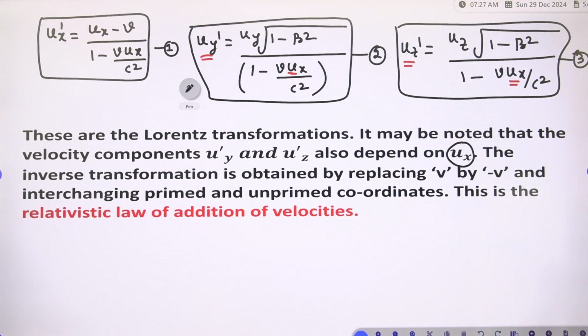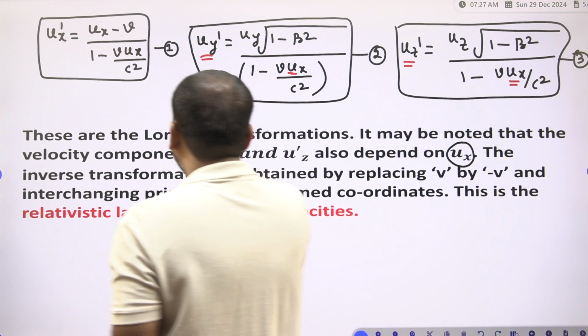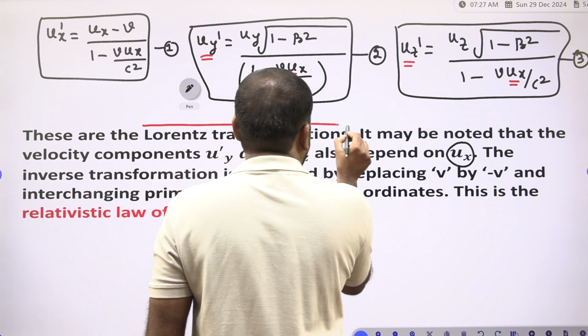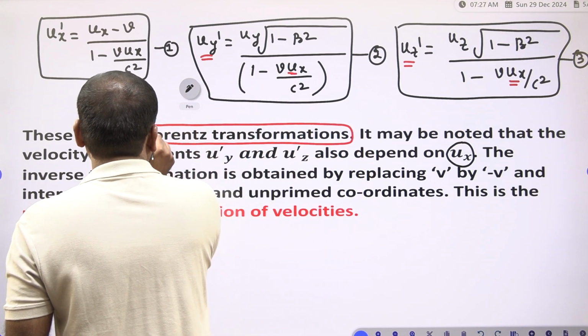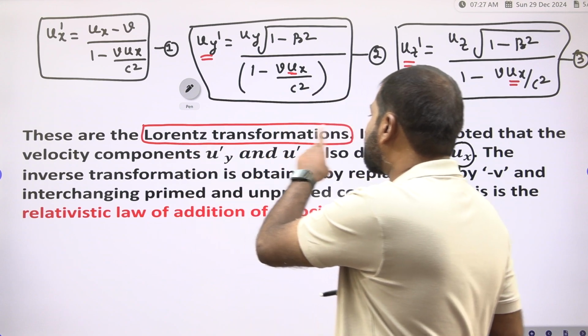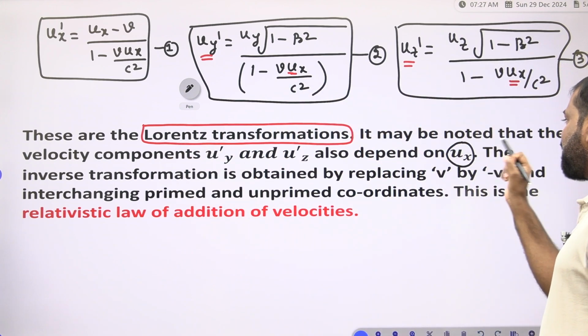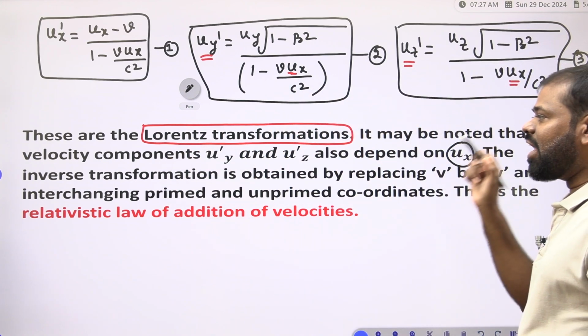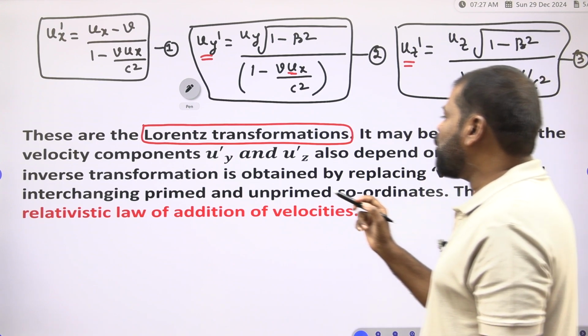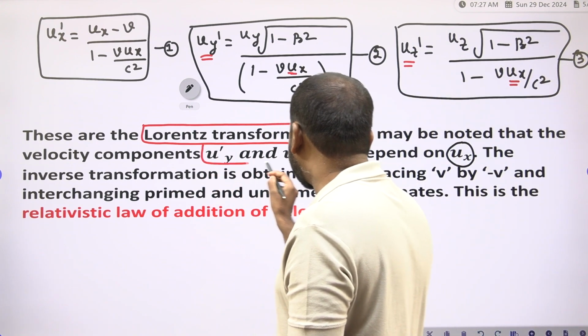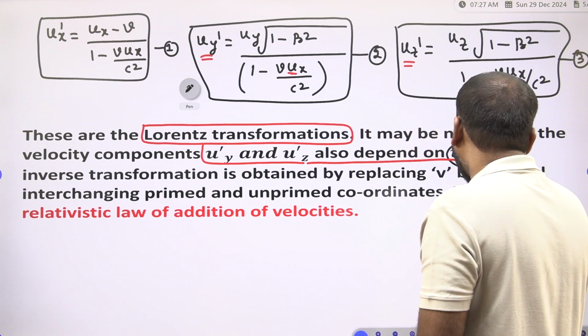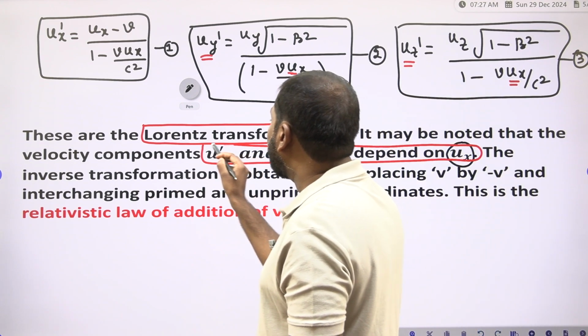So these are the Lorentz transformations of the velocity equations.